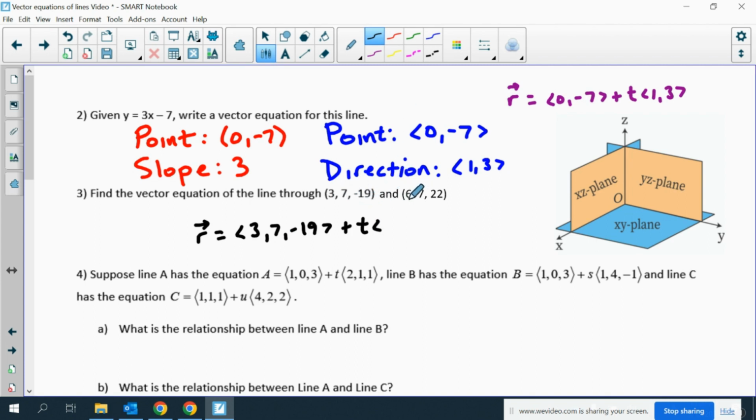So we would just do a 3-dimensional version of a slope here. How far does the x have to move? How far does the y have to move? And how far does the z have to move?